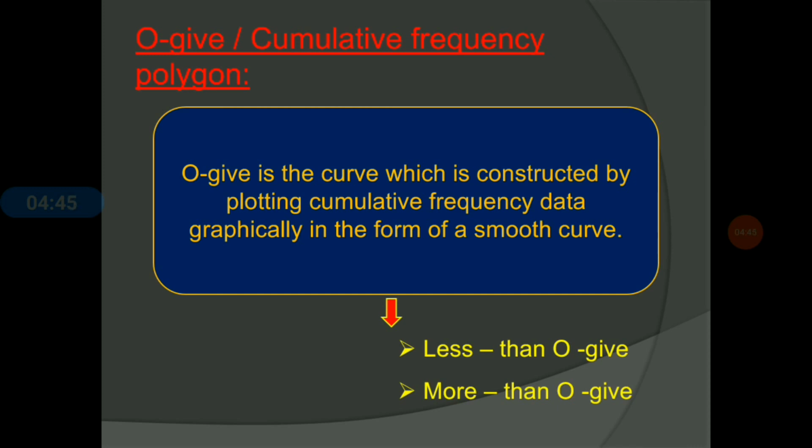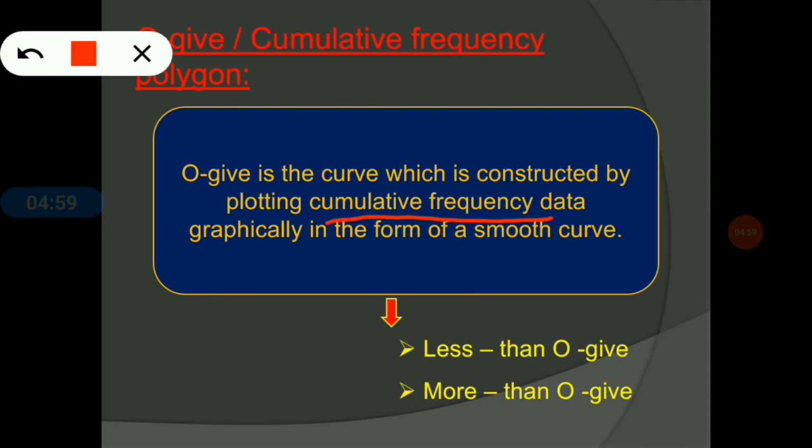Learner, at first we have to know what we mean by an ogive and why we are using the ogive for diagrammatic representation. So an ogive is the curve which is constructed by plotting only the cumulative frequency, not the frequency. So here we give importance to the cumulative frequency.